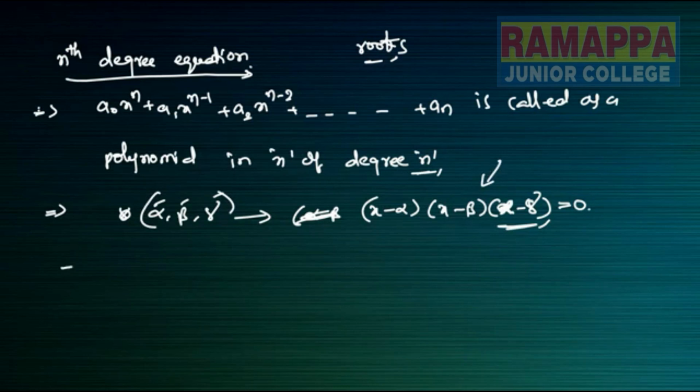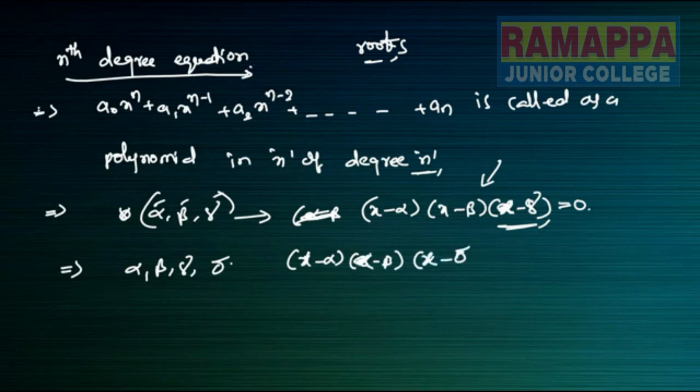Now if we have four roots, alpha, beta, gamma and delta, the equation will be x minus alpha into x minus beta into x minus gamma into x minus delta, equal to 0.